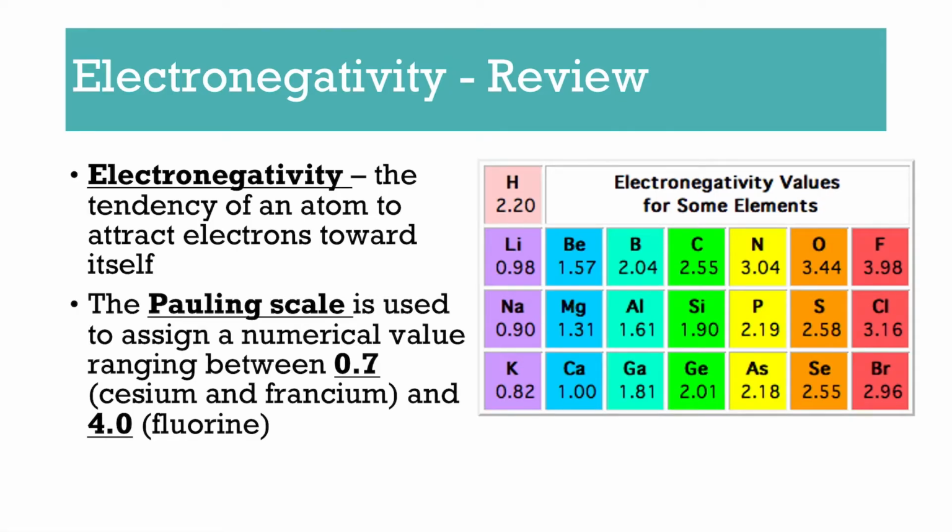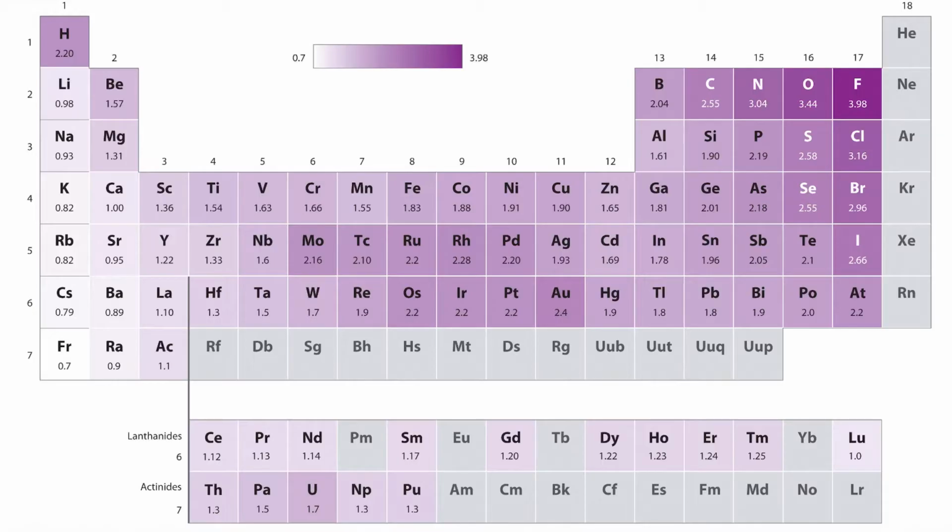So remember, this guy named Pauling decided to just give these values, and he said, oh, fluorine is the most electronegative, let's call that 4, and then everything else is less than that. Okay, so here is another great picture to show electronegativity. The darkest color is the highest electronegativity value, and again, as you get closer to F, the darker and darker that purple gets.